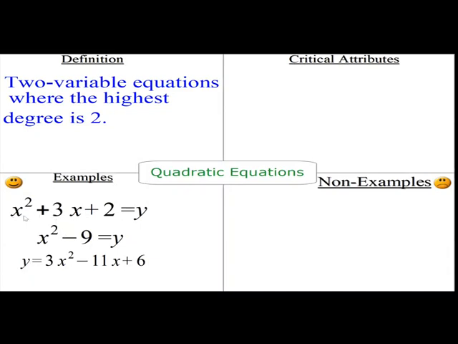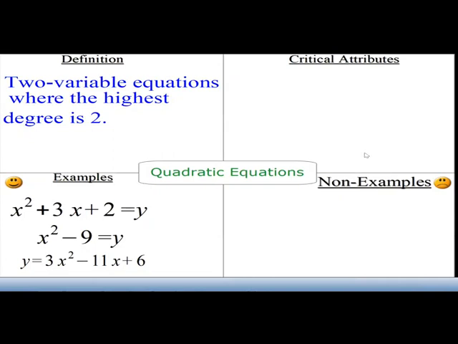Look at this first one. We have x and we have y. How many types of variable? 2. Look at this next example, x squared minus 9 equals y, 2 different types of variables. Same on the third example. Highest degree, what are they talking about with highest degree? Remember, for polynomials, I need to check the degree of each term.